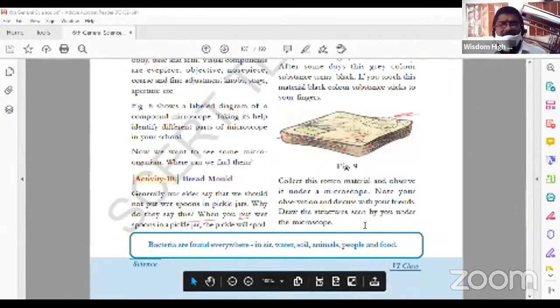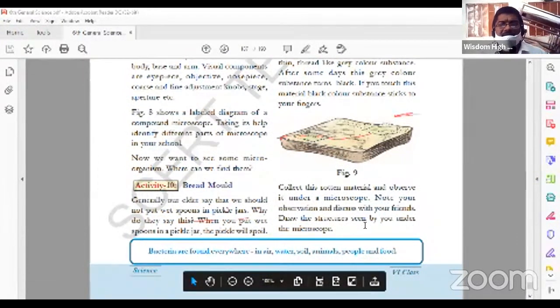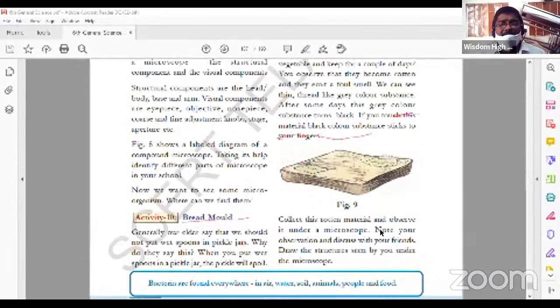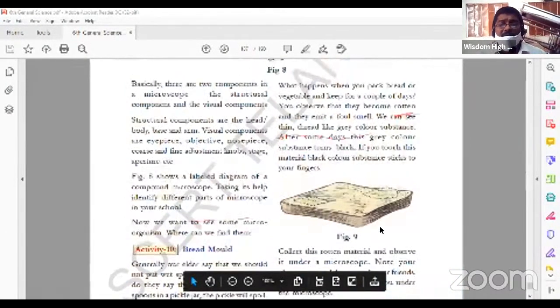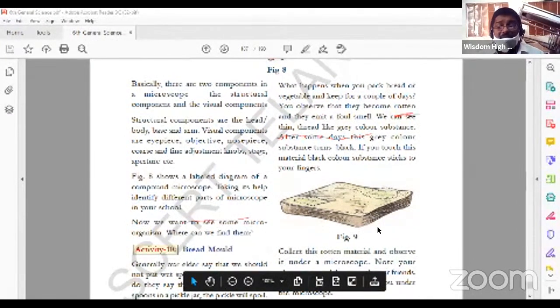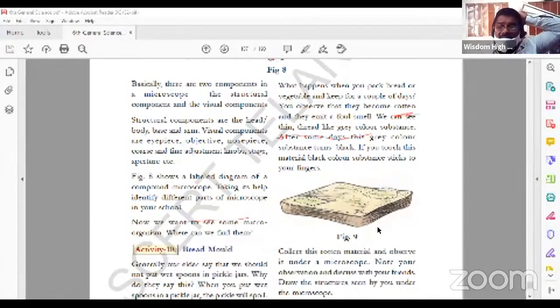If you place bread aside for a few days, what happens? You can observe that it becomes rotten and produces a bad smell. Next, we can see a gray color substance over the surface of the bread. What is that gray color substance? After a few days, this gray color turns into black color.